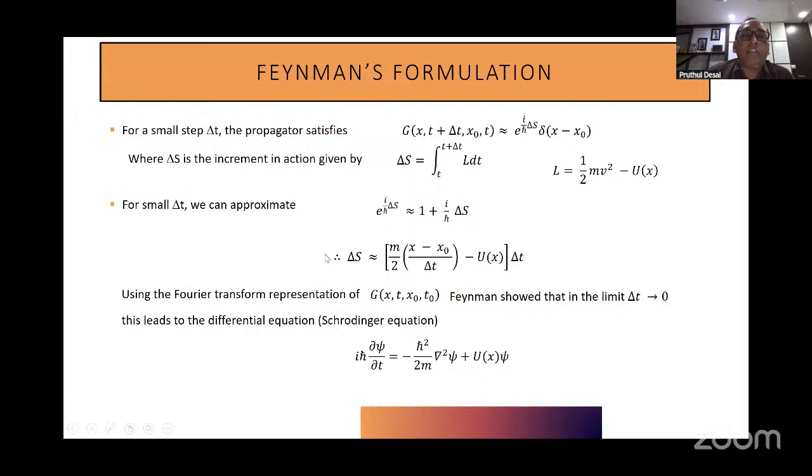So your small change in the action is given by this. If you take the Fourier transform of the propagator, as Feynman did, he showed that in the limit delta t tends to 0, this once again leads to the Schrödinger equation. So this is how Feynman in fact obtains the Schrödinger equation.